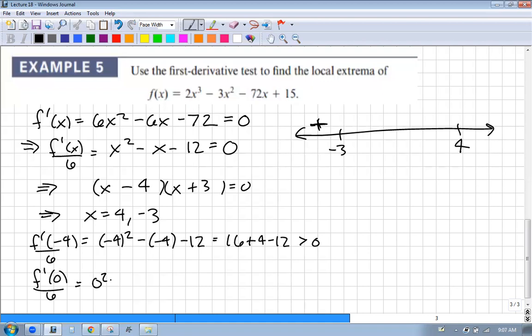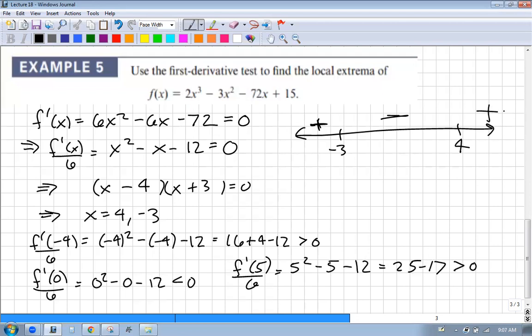We'd have 0 squared minus 0 minus 12, which is negative. Now let's pick a test point over here, like 5. We would have 5 squared minus 5 minus 12, which is 25 minus 17, which is positive.